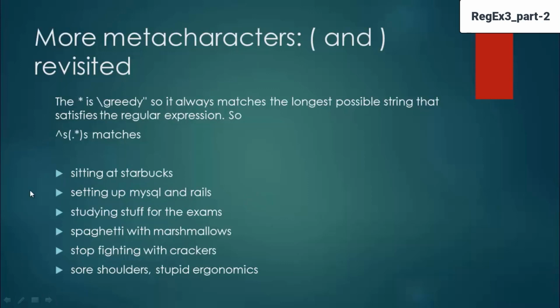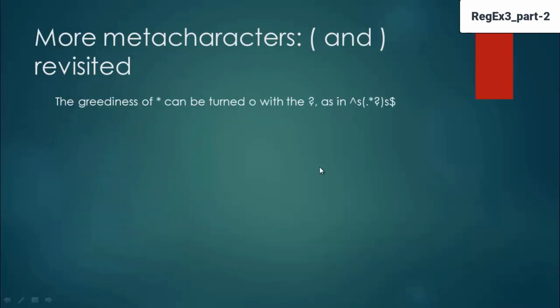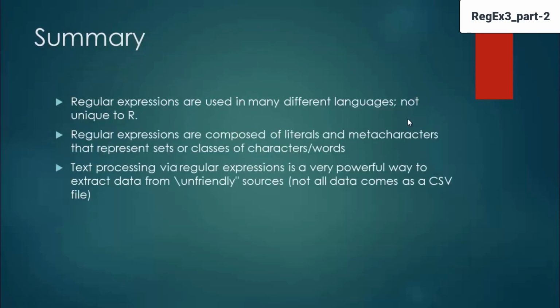For example: sitting at Starbucks, setting up MySQL and Rails, studying stuff for the exam, spaghetti with marshmallows, stop fighting with crackers, sore shoulders, stupid economics. All these start with S and end with S, even long sentences. If you want, greediness can be turned off with the question mark symbol, as in starts with S dot star question mark S dollar.